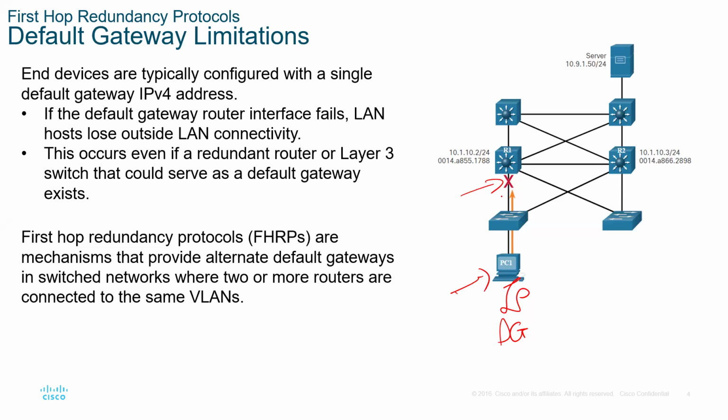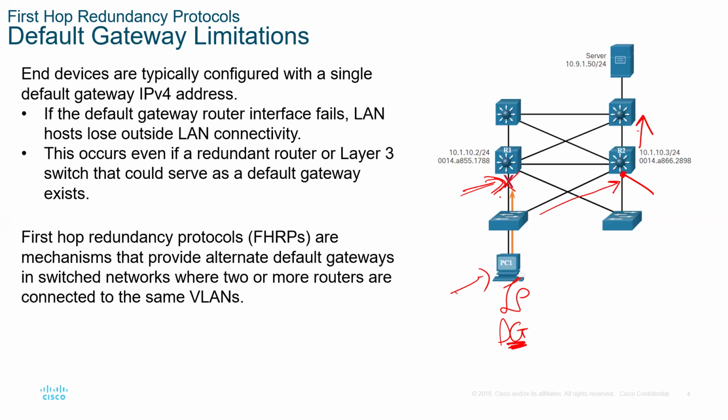However, if the default gateway fails, even though you can see there is another redundant link, to get outside the network we will need the default gateway of this interface here.